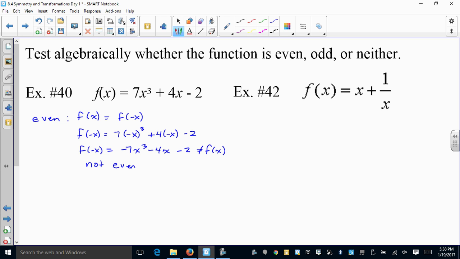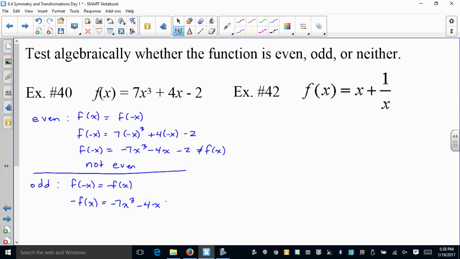Let's check for odd. That means f of negative x must equal negative f of x. So negative f of x, you're just going to change all of the signs. So negative 7x cubed minus 4x plus 2.